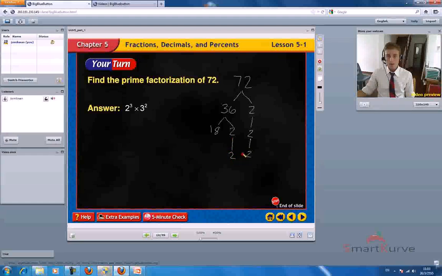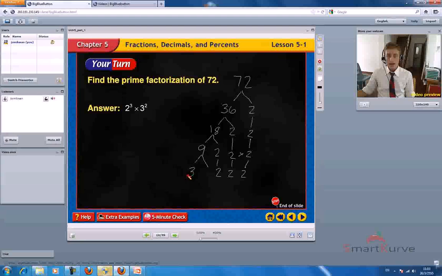Carry this 2 down, as well as this 2. They're both prime numbers. 18 divided by 2, 2, 9. Carry all of the 2's down.